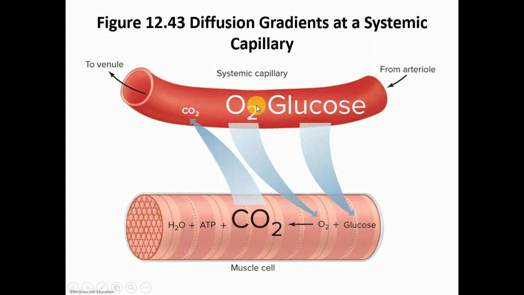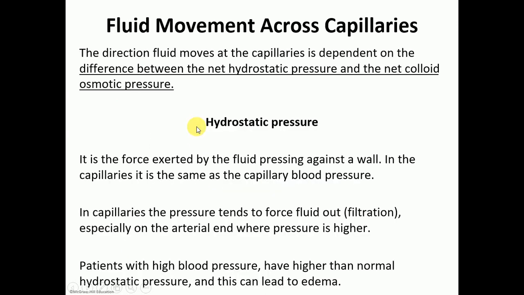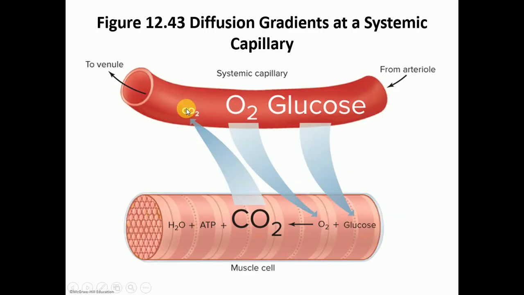Oxygen levels here are much higher, so oxygen is going to diffuse in this direction. So would glucose. Because there's a buildup of carbon dioxide in the muscle cells, the concentration of carbon dioxide here is much higher than it is over here in the capillary. So carbon dioxide is going to diffuse down its concentration gradient into the systemic capillary and then moves on to the venules.